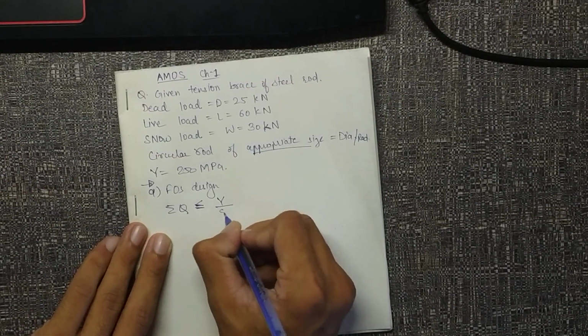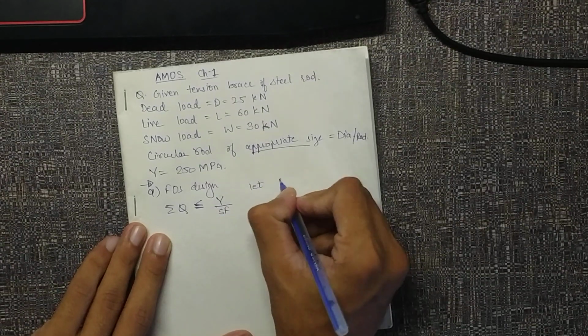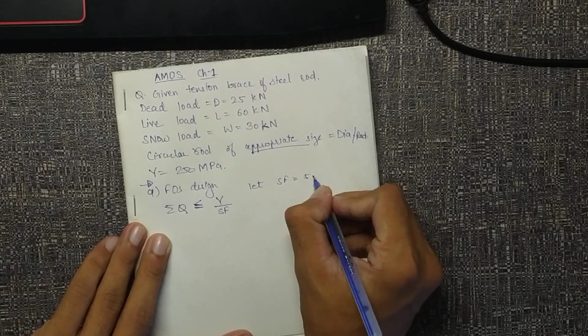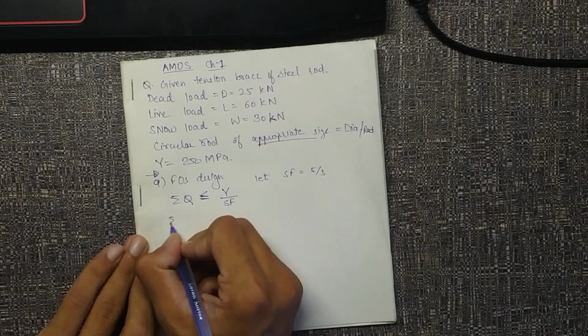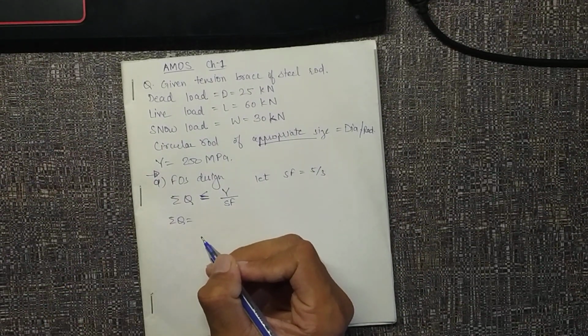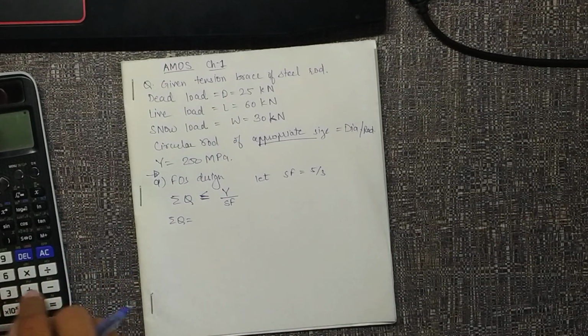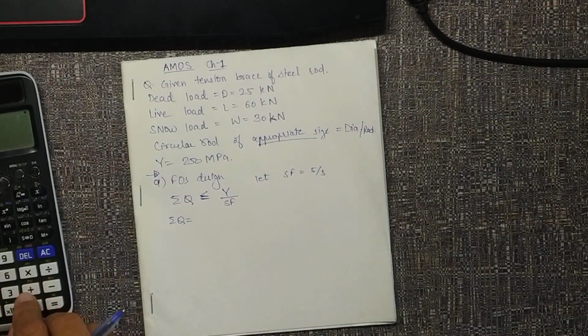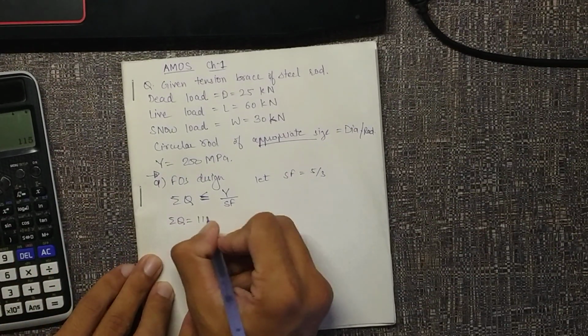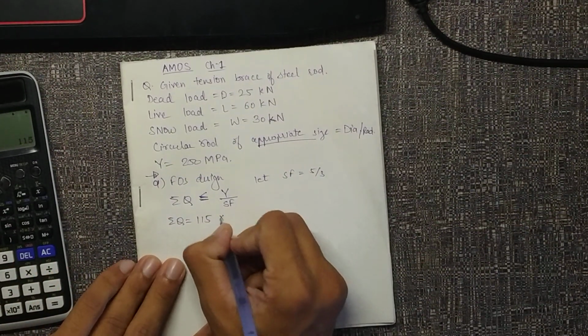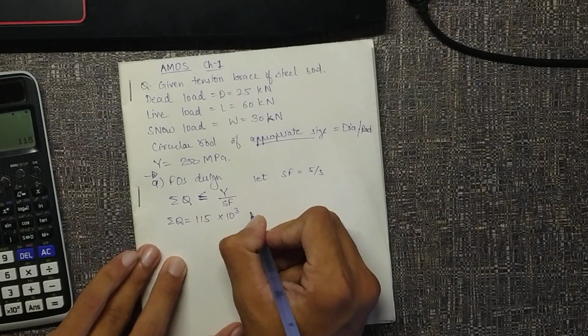So let the safety factor be equal to some value, maybe 5 by 3. So summation is 25 plus 60 plus 30. So that is 115 into 10 raised to 3 should be less than.